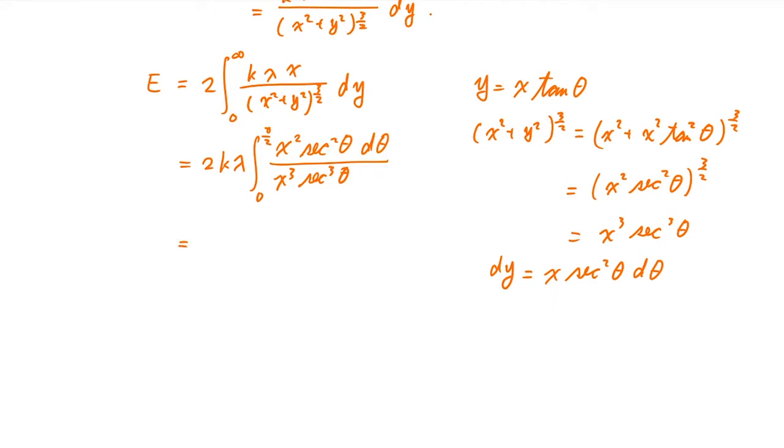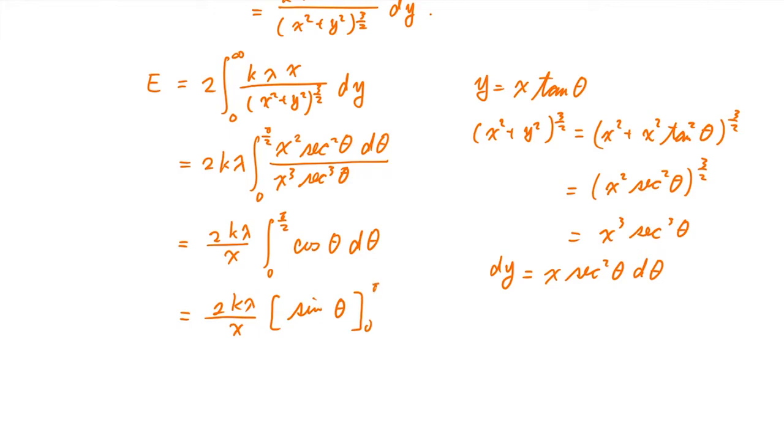So what we pick up is just 1 over x, 2k lambda over x being constant. And this is from 0 to pi over 2. Do you see cosine theta? Wow, that worked out nicely. 2 over x, and this is sine theta from 0 to pi over 2, which just gives you 1. 2k lambda over x.